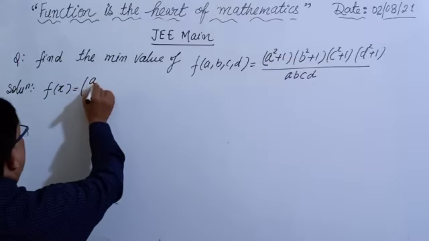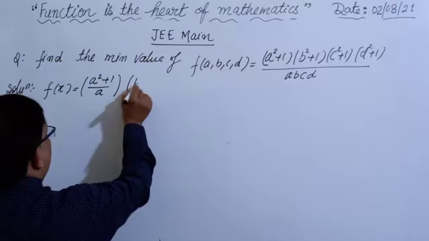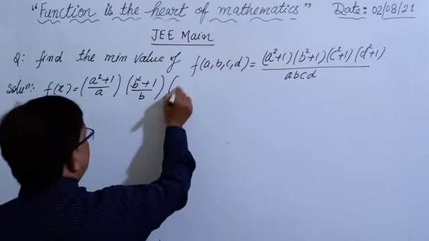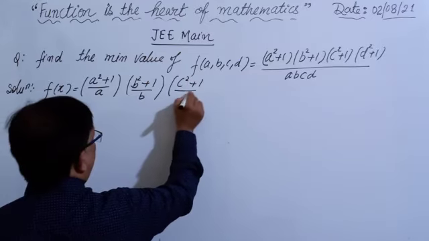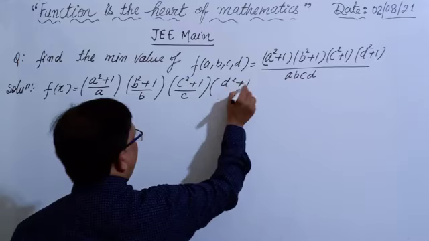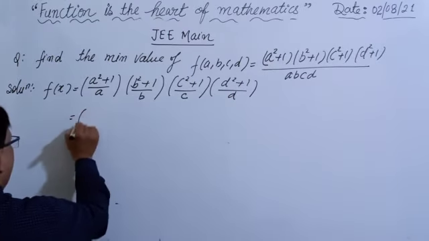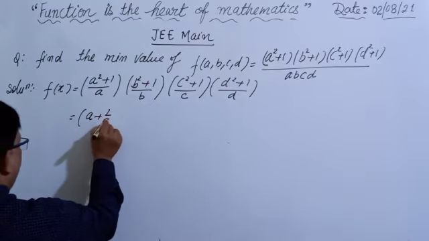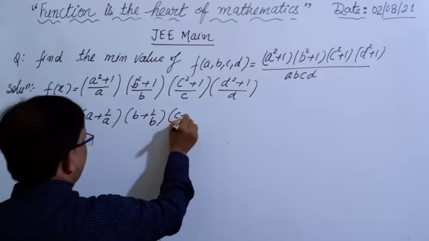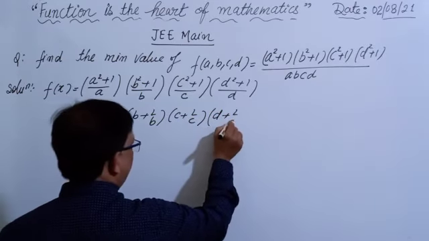We write a square plus 1 upon a, b square plus 1 upon b, c square plus 1 upon c and d square plus 1 upon d. We club the similar terms together. Or this can be written as (a plus 1 upon a)(b plus 1 upon b)(c plus 1 upon c)(d plus 1 upon d).